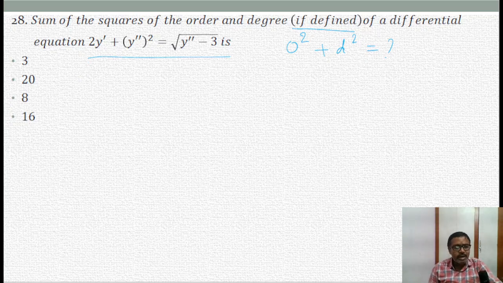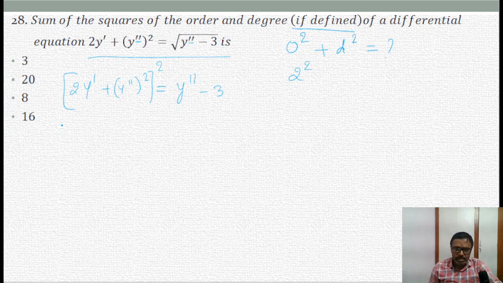To check whether it is a polynomial in y dash. If it is a polynomial in y dash, we can find out the degree also. So the highest order derivative is the second order derivative y double dash, so order is 2, I can directly write 2 square. Now let us square it on both sides. 2y dash plus y double dash whole square is equal to, square and square root will get cancelled on the right hand side, y double dash minus 3.